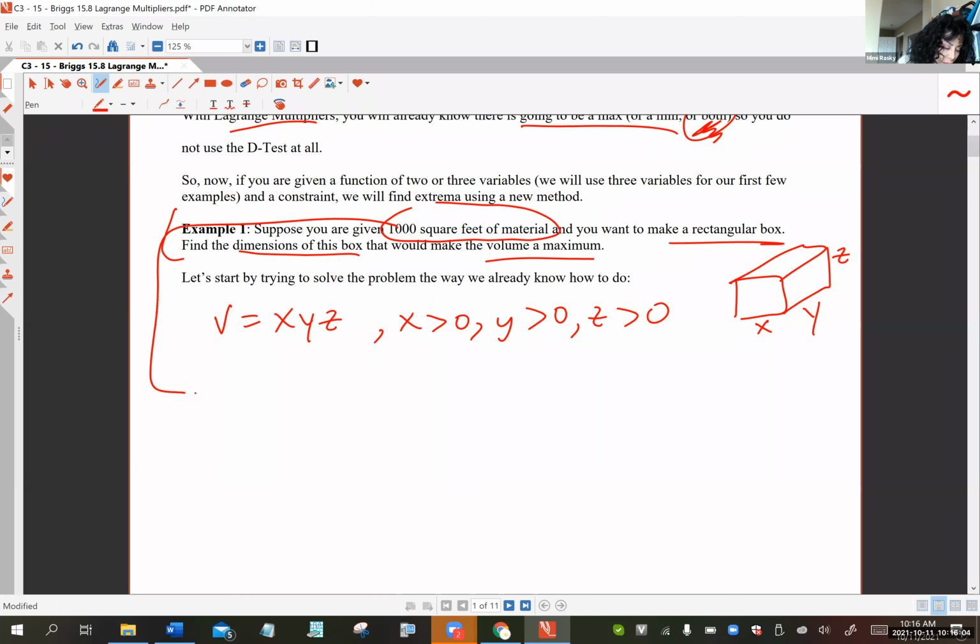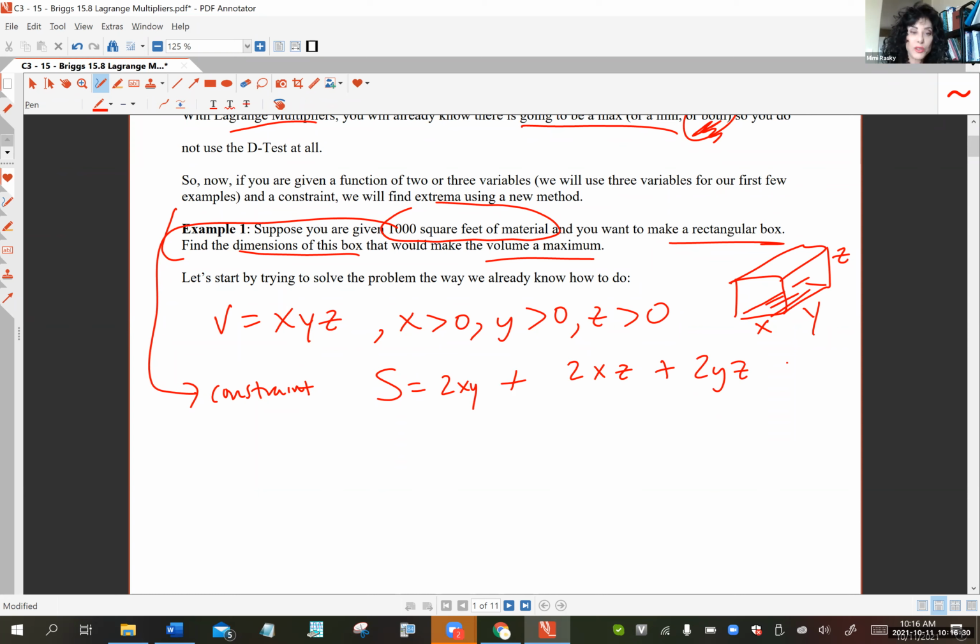So this constraint here is surface area because it's square feet. We know surface area for a rectangular box is 2xy, that'd be the bottom and the top, and then there's 2 of the ends, 2xz, and then there's 2 of the sides, 2yz.